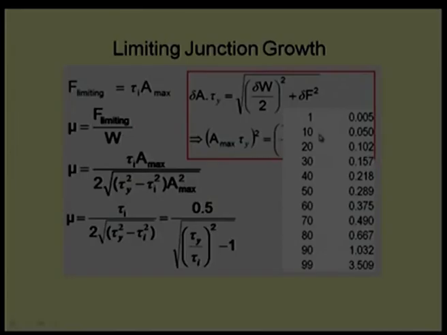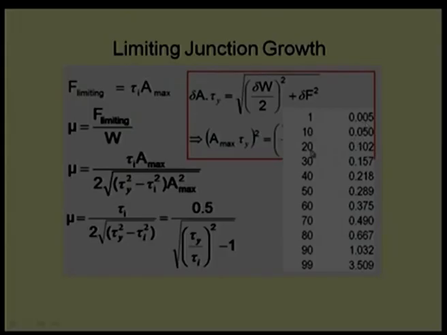If we increase that to 10%, the interface shear strength is 10% of the soft material shear strength, and the coefficient of friction also increases 10 times. Earlier it was 0.005, now it is 0.05.